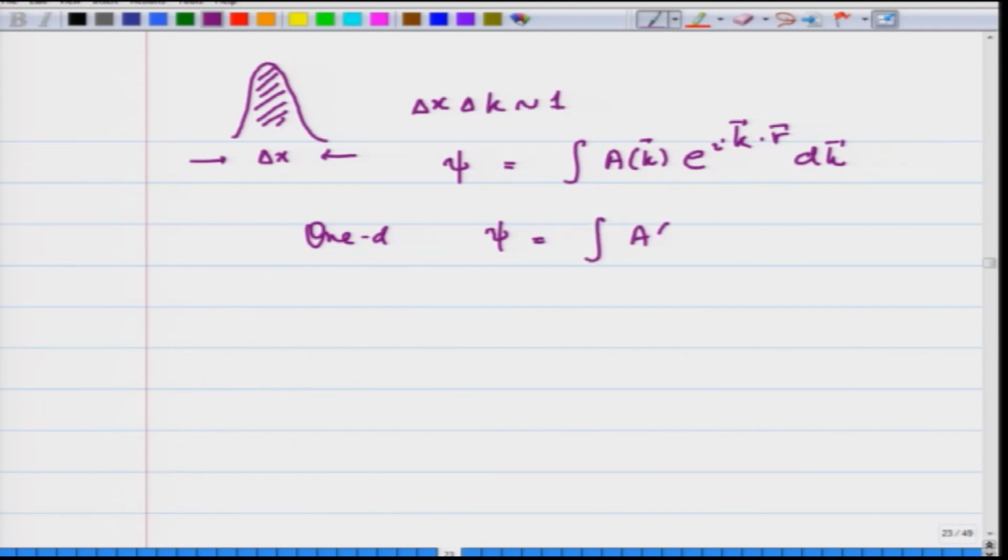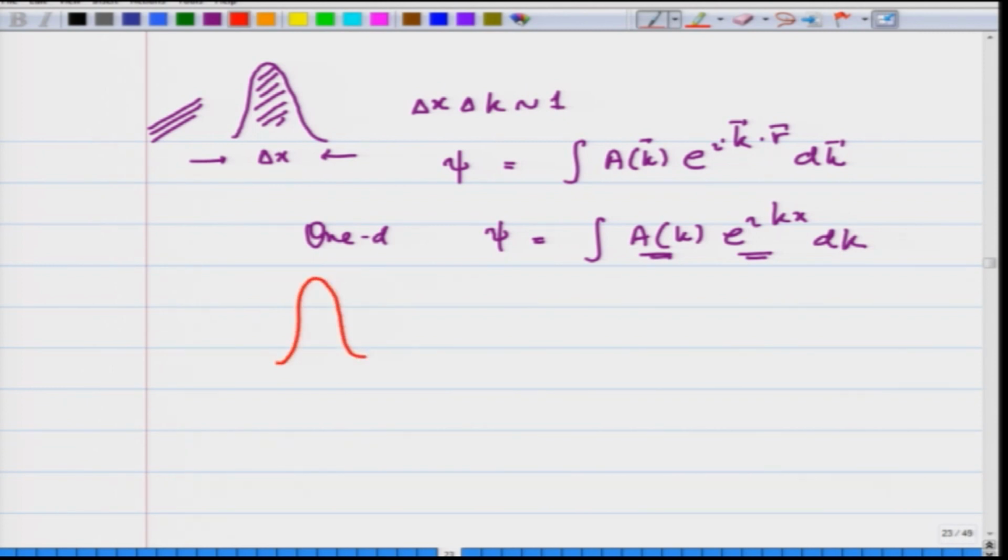It is a(k) e raised to i k x dk. That means, what I am doing physically is I am taking many plane waves with different k's and with different amplitudes and mixing them up, so that all of them add up at one place and cancel at other places, and that gives rise to a wave packet.